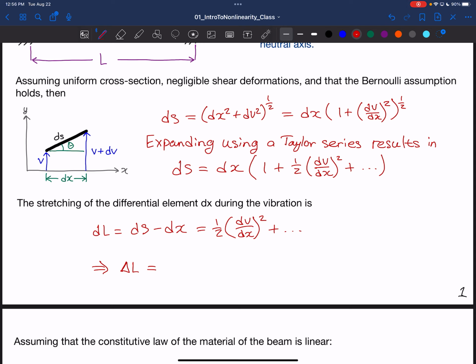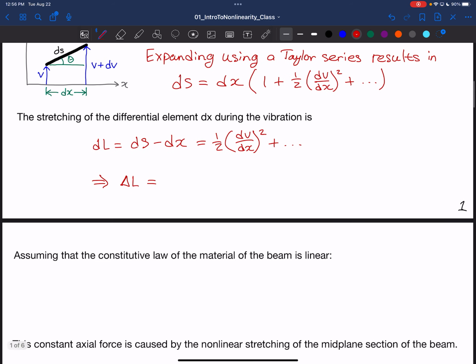Then the change in length across the whole beam is delta L, which is equal to 1/2 times the integral from 0 to L of (dv/dx) squared dx, and again, plus higher order terms that we're leaving out for right now.